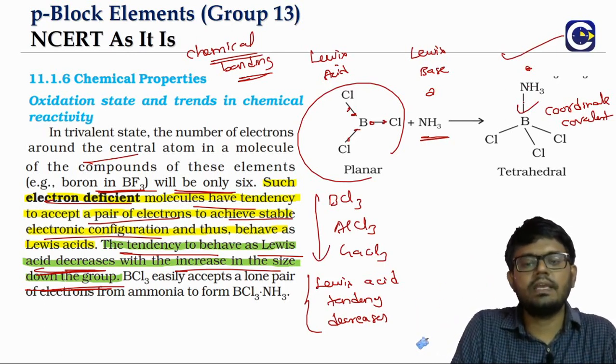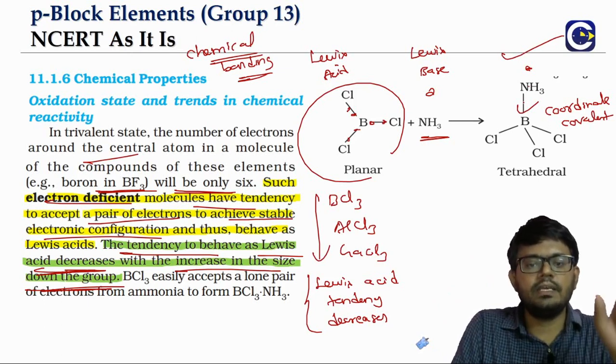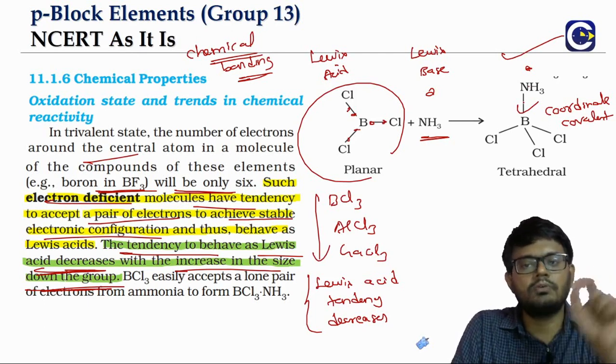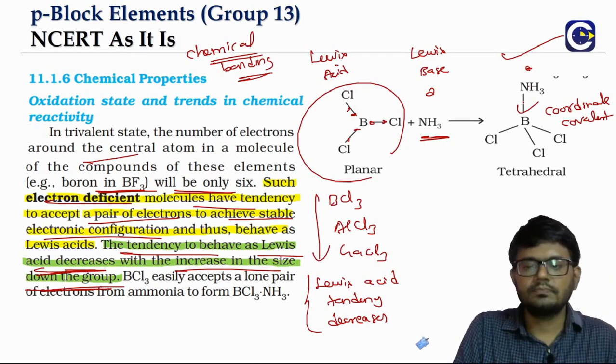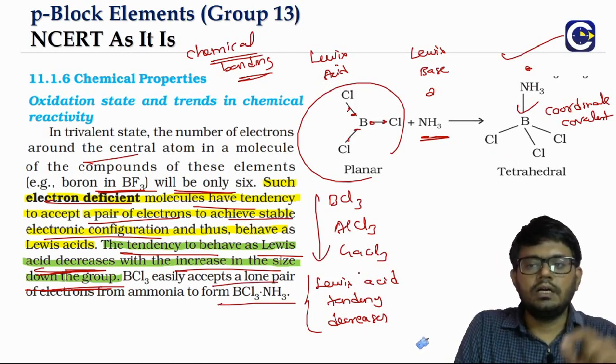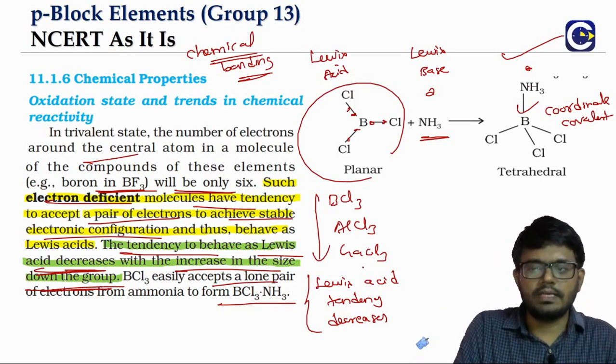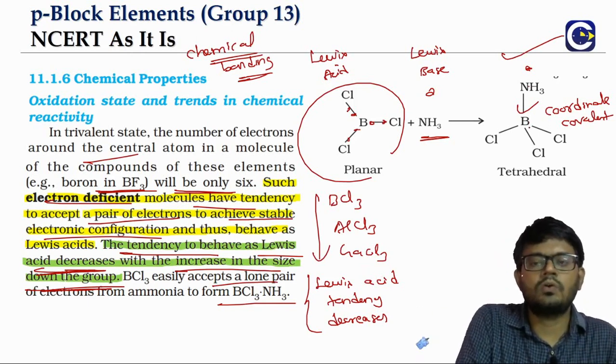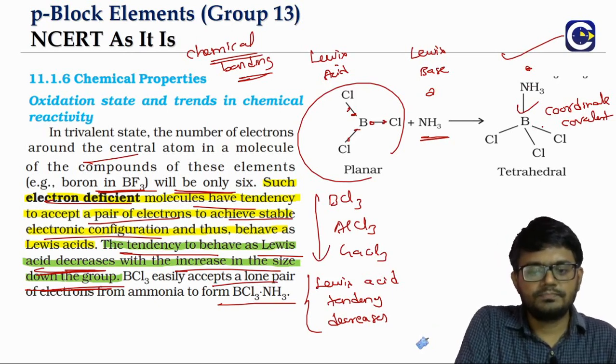So that is the reason why the tendency of acting as a Lewis acid will be shown particularly by the boron compounds and aluminum compounds. Like you can see in this example, boron will be able to form the addition compound, where the nitrogen of ammonia is forming a coordinate covalent bond with the boron of the BCl3.